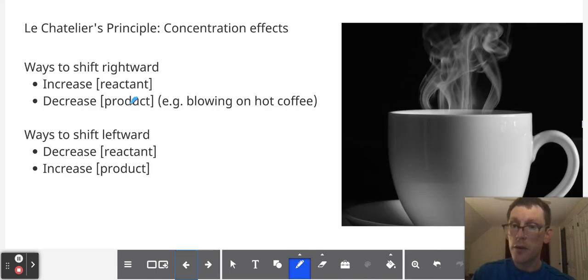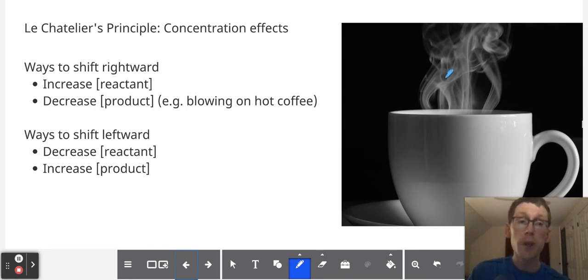It's also worth noting that in addition to increasing the concentration of a reactant, you could also shift a reaction forward, rightward, by decreasing the concentration of a product. A good example of this is if you've got some hot coffee, just blowing on it. Coffee, of course, there's water in the liquid state and water in the gaseous state. There's some equilibrium there. It's known as vapor pressure.